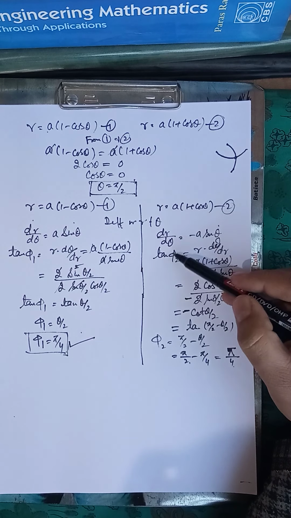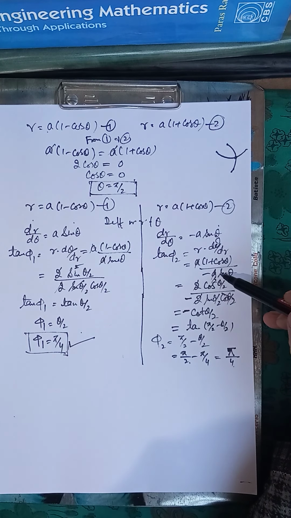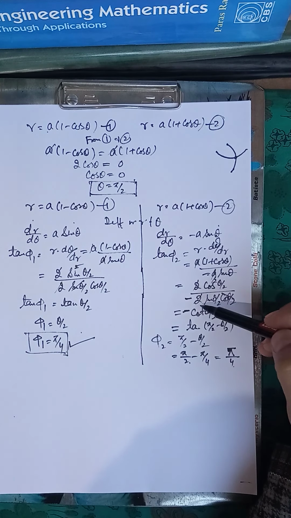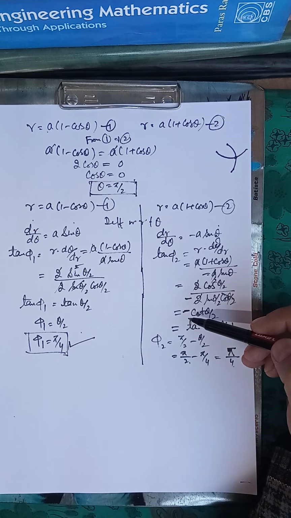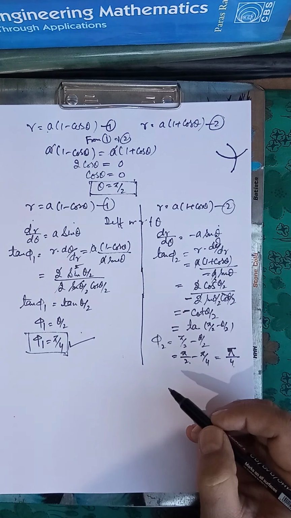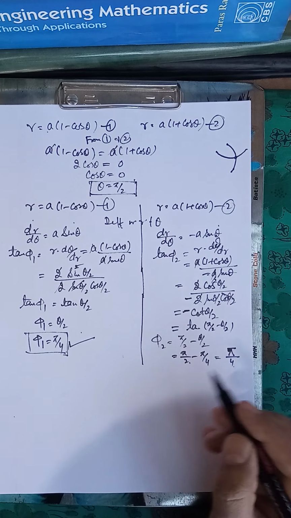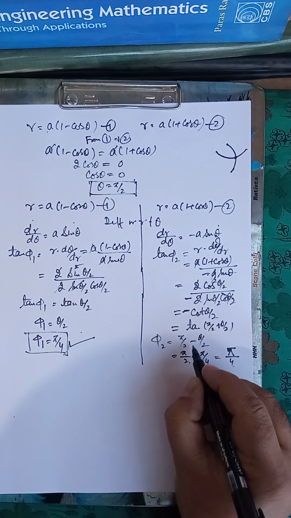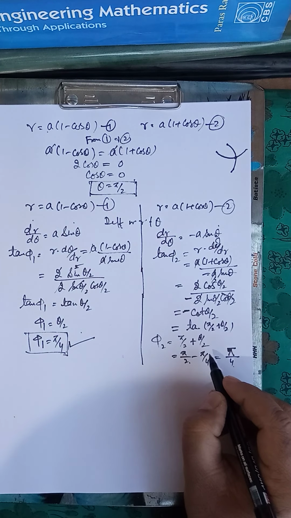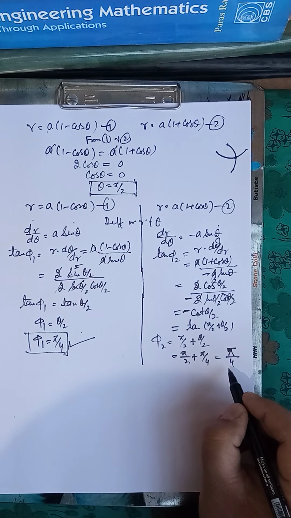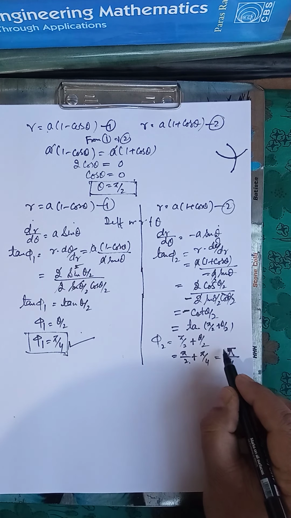You have dr by d theta as minus a sine theta, so this will be minus a(1 plus cos theta) over sine theta, which is minus cot. So minus cot is tan of pi by 2 plus theta by 2. So this is 3 pi by 4.